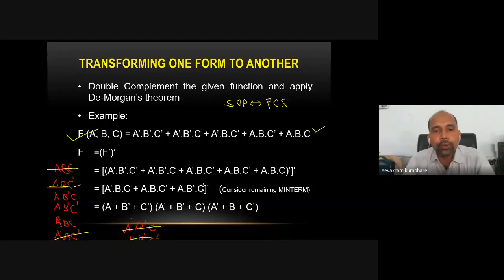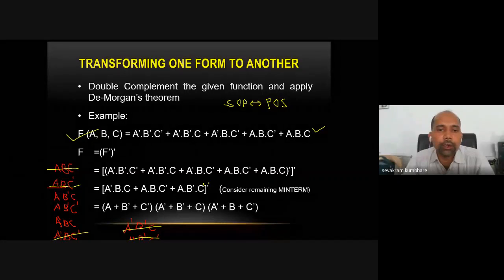So these 3 become the f complement. Now we need to take the complement of this, whatever we found, and in order to do that we use De Morgan's theorem.